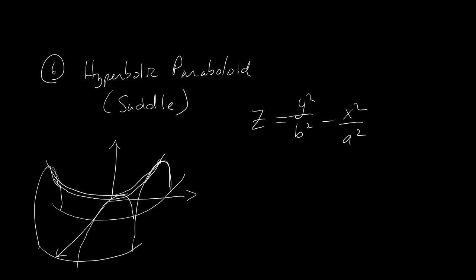So it literally looks like a saddle, like a horse saddle. Please see a picture of this online or in your book, as it is very difficult to draw. If I were to just draw it in the dimensions you could see, it would probably look something like this. It would come down and we would have our saddle coming through here.